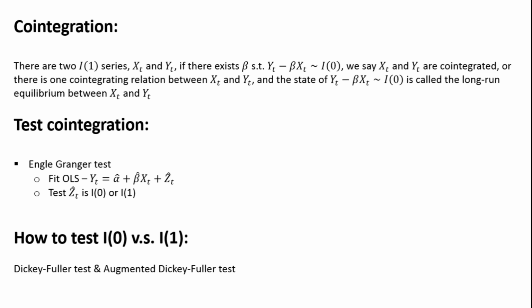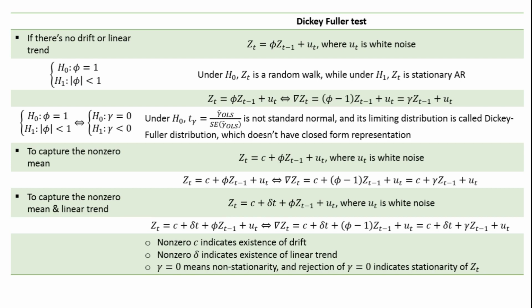We have the Dickey-Fuller test and the augmented Dickey-Fuller test. The Dickey-Fuller test is based on the assumption that if there is no drift or linear trend, we have a linear relationship for zt, which is the error term of our previous regression.